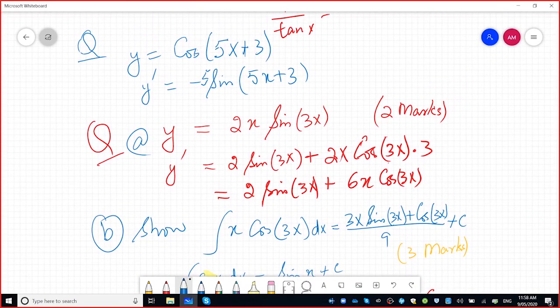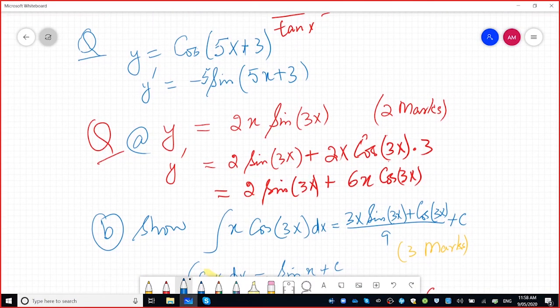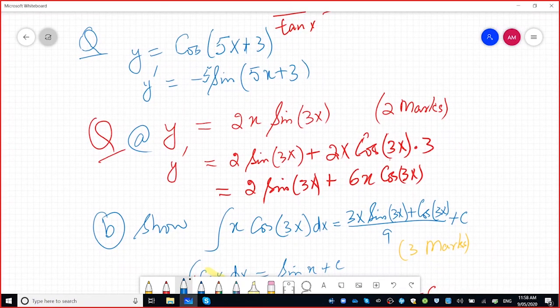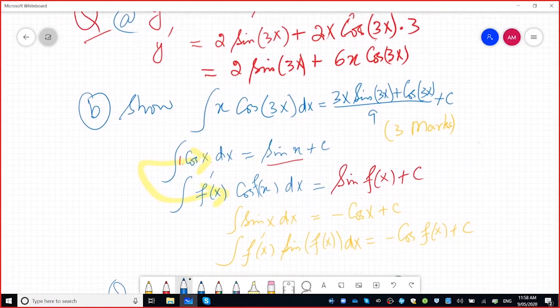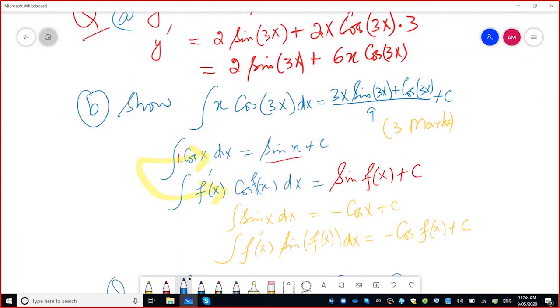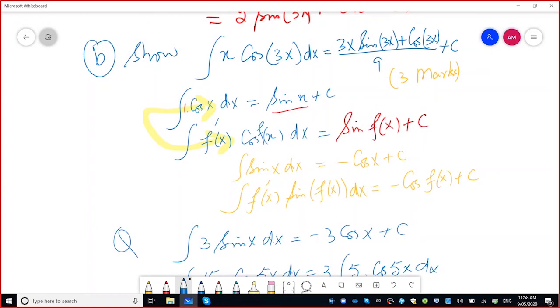We did a few questions. The first question was simple. The second one was u times v, the multiplication formula. Then we did a question on anti-differentiation, although that is the next exercise, but you have got some idea of it.